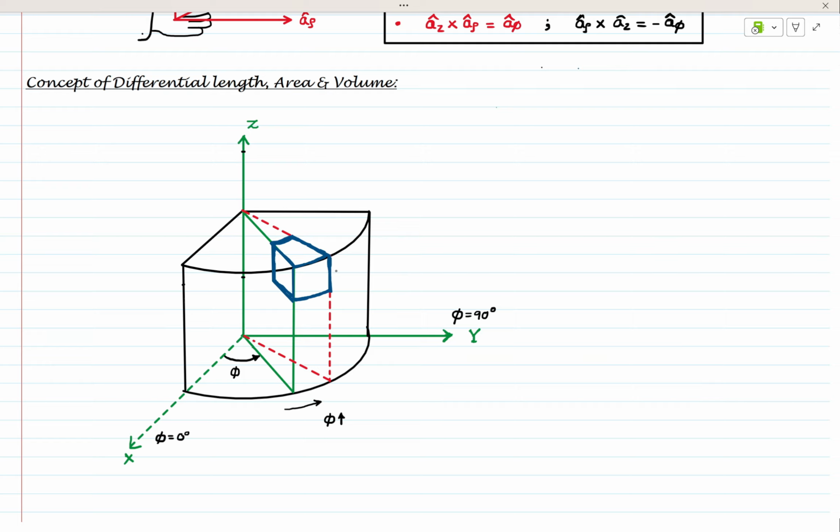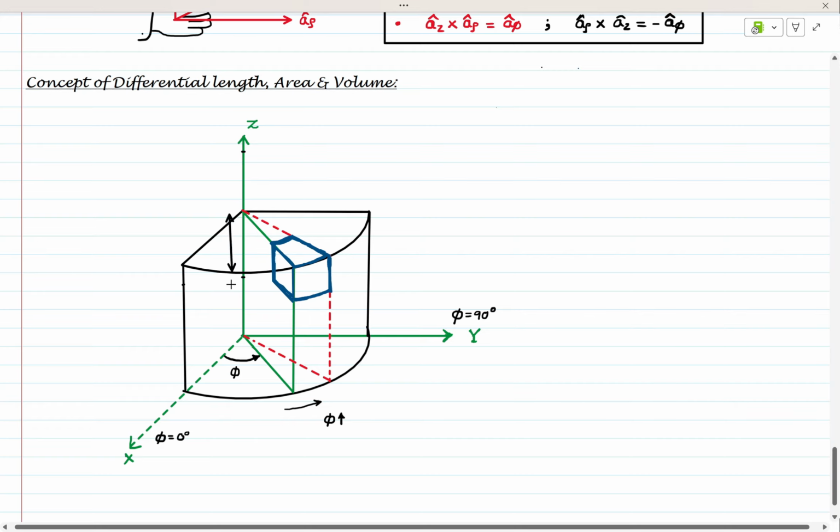Now let us see what z is. You also know where z lies. Let me draw it. This total height is nothing but z.